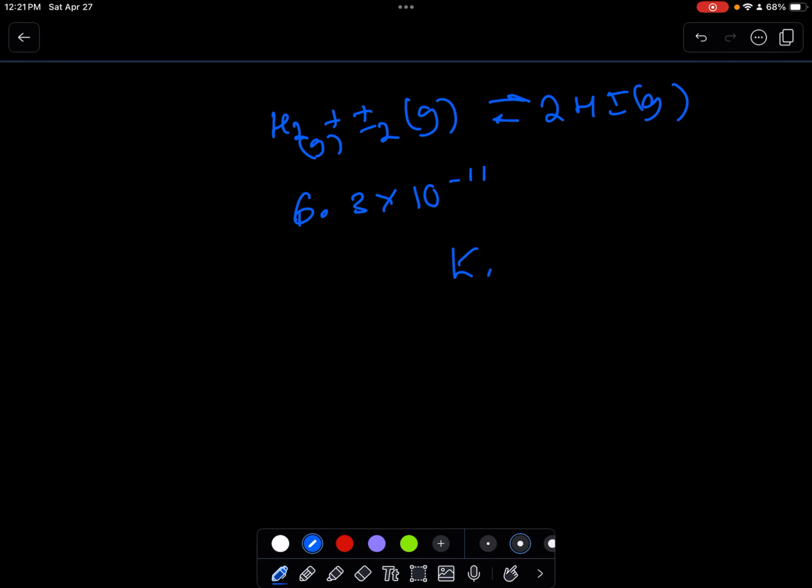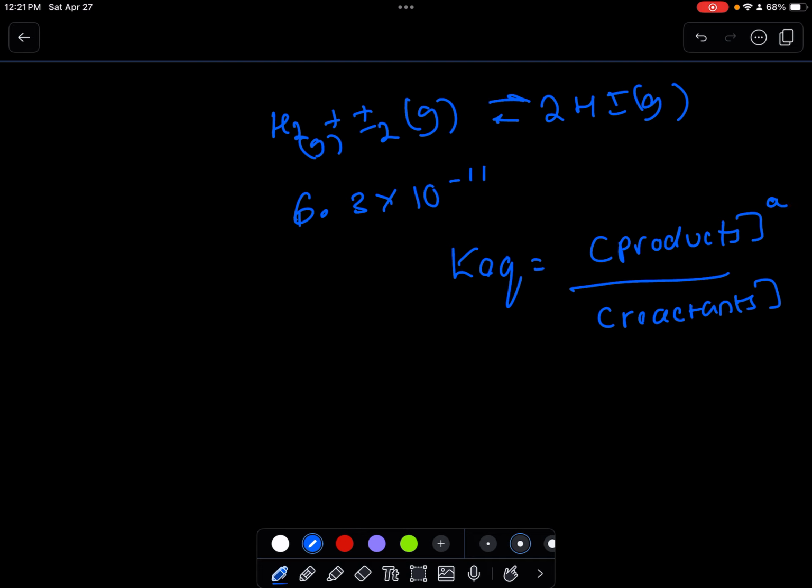The equilibrium constant is defined as the concentration of products over reactants. And the products are raised to their stoichiometric power. We can call that A, and then we can call that B. If there's more than one product and more than one reactant, you'd have A, B, C, and D. In this case, what we've seen is that this equilibrium constant is pretty small.